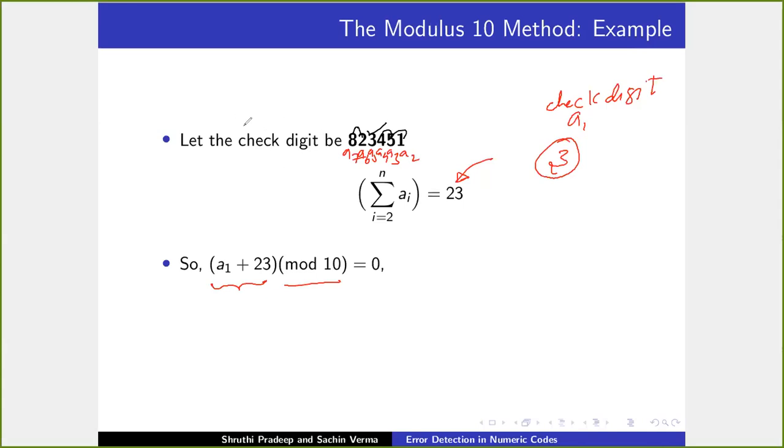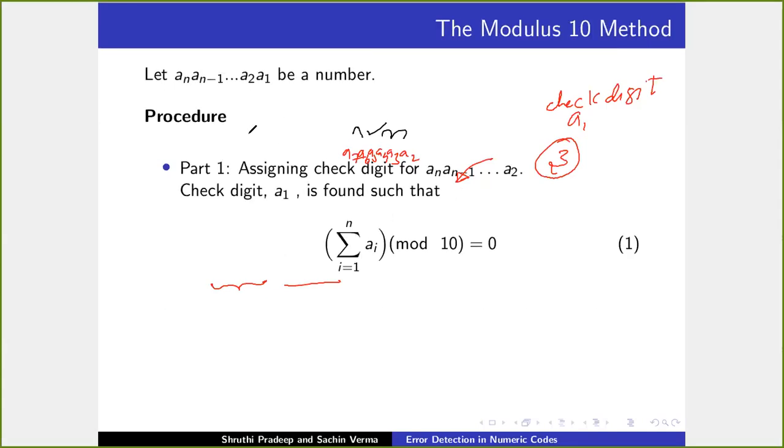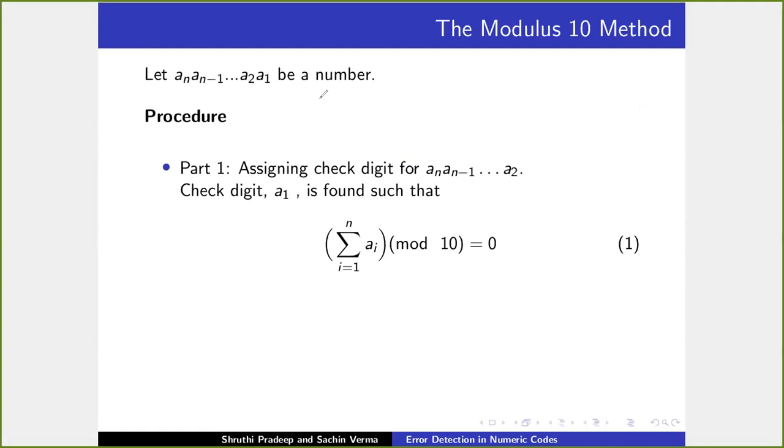One thing was not mentioned, so I'll make one correction to what I've said. These digits, a1, a2 and so on, are digits between 0 and 9.